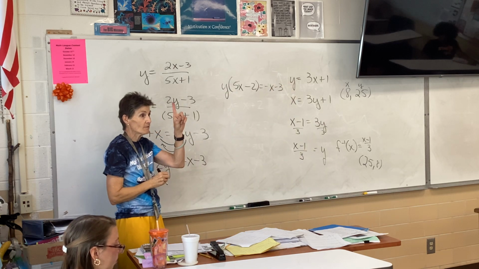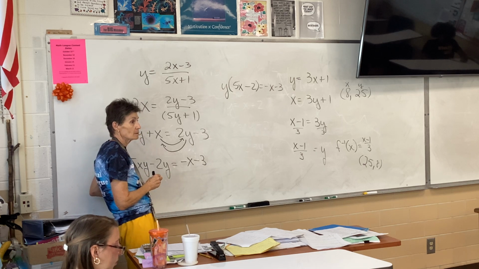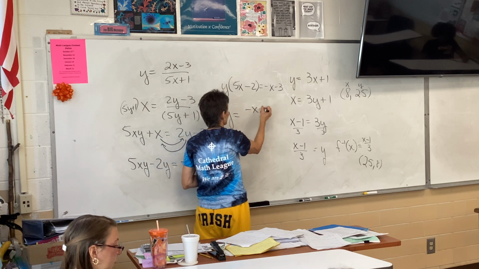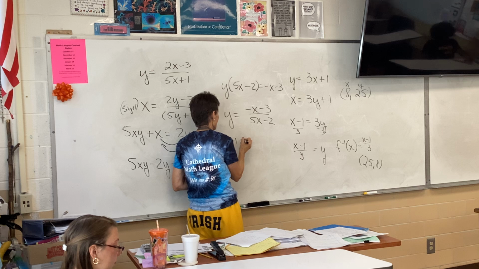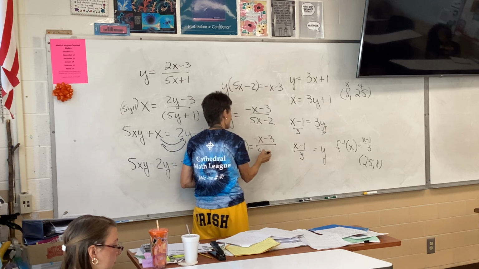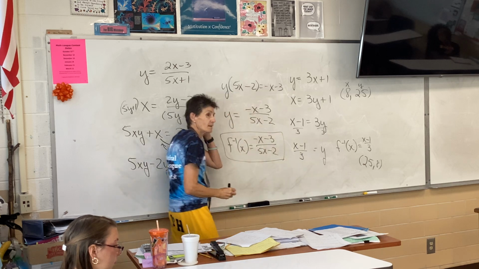Now I have 1. I factored it out. And if I'm solving for y, I'll divide by the parentheses. And if I use my correct notation, because I want us all to be A+ students, that is going to be my answer.